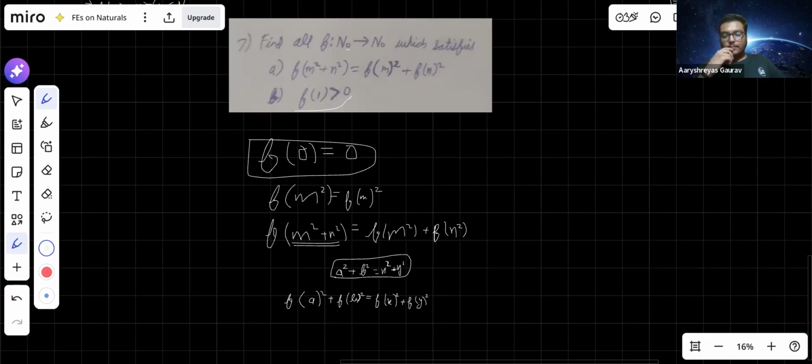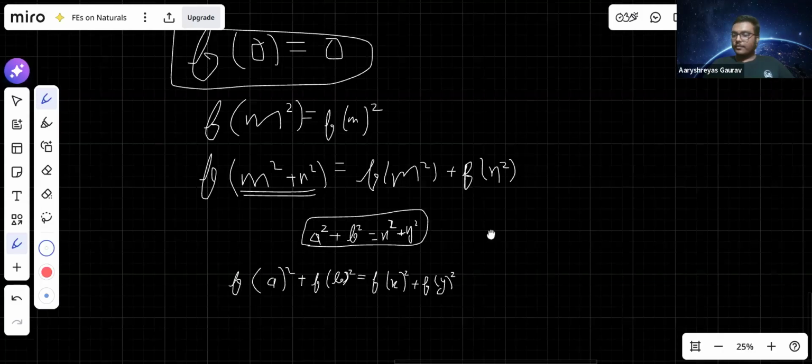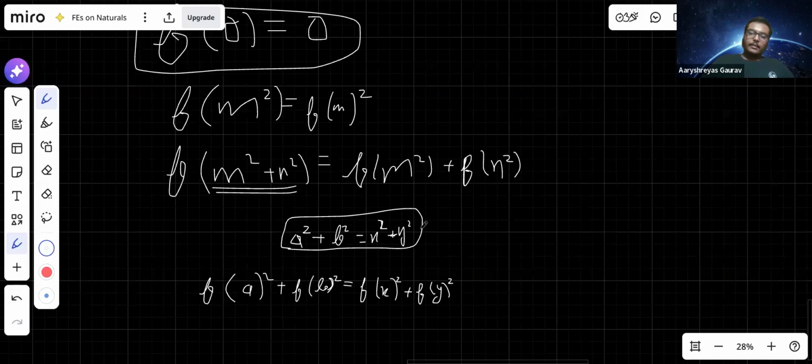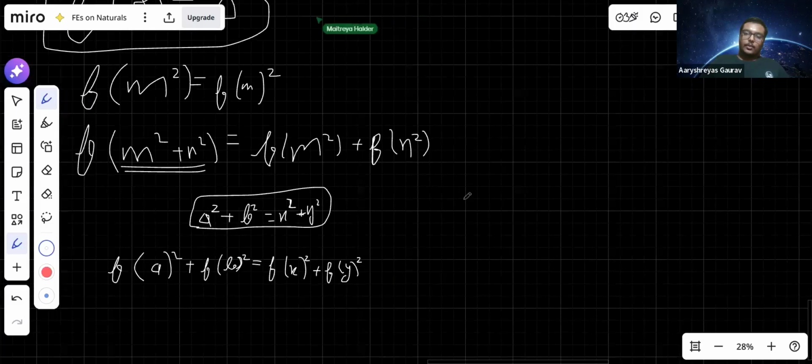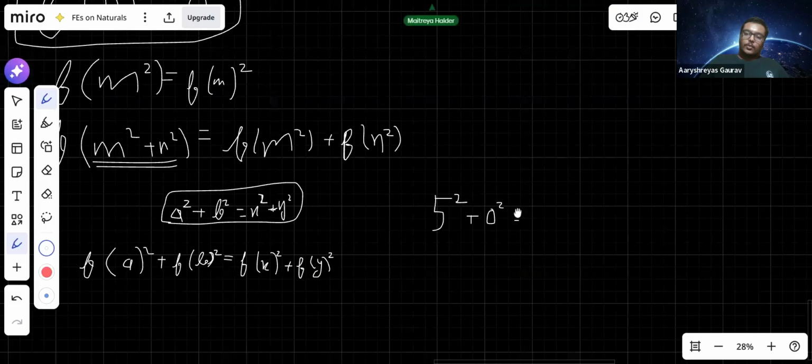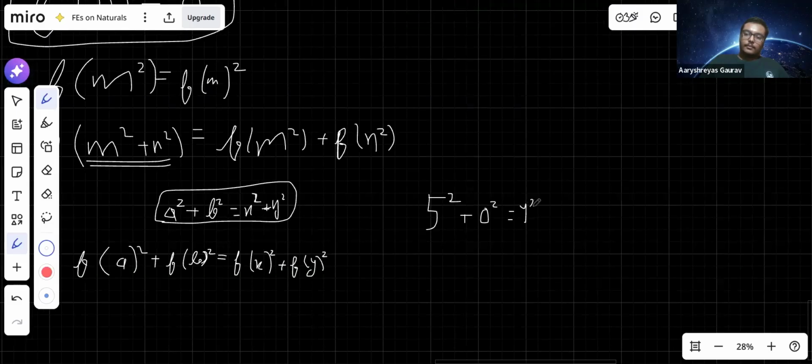Any ideas? Well, since I said in a step of five, that is a real good hint to think something like 5 squared plus 0 squared is equal to 4 squared plus 3 squared.